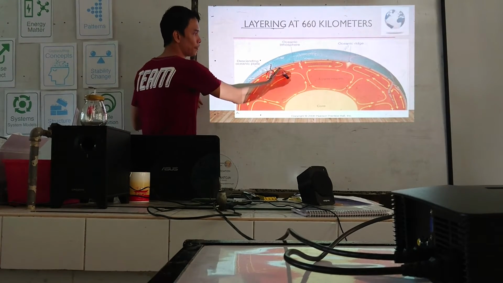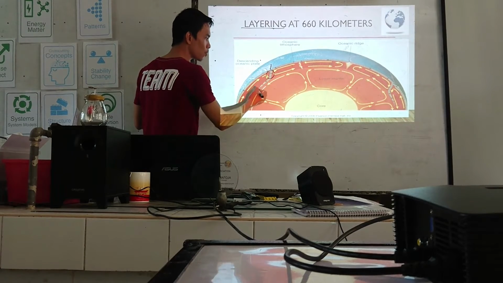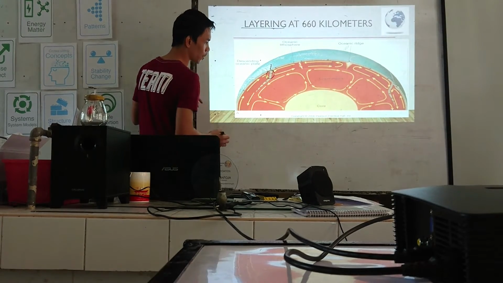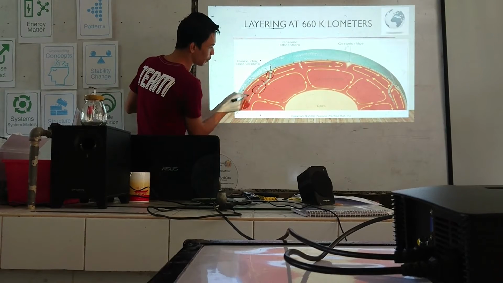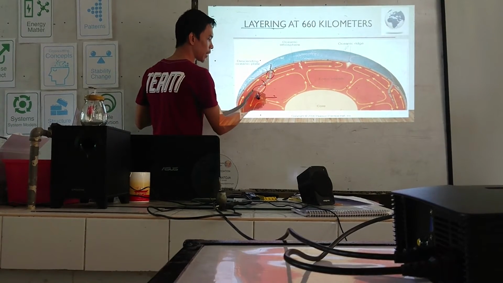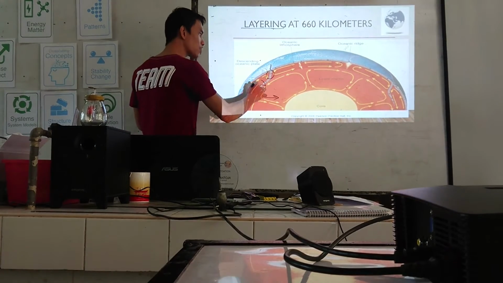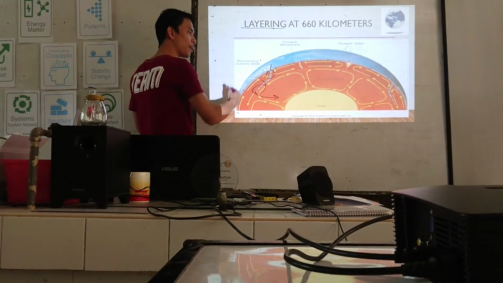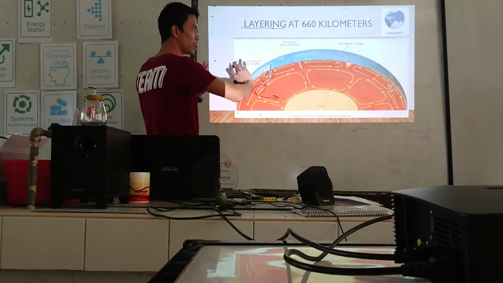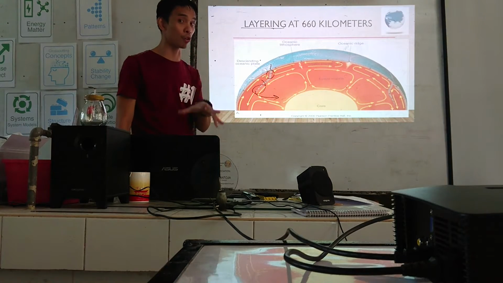Once that lithospheric plate subducts, it goes to the upper mantle only. The material coming from that subduction zone doesn't go to the lower mantle, so it stays in the upper mantle itself. This is what layering at 660 kilometers looks like.